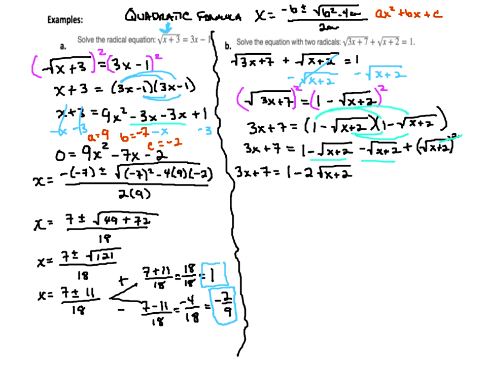And then when I square the square root on the end here, I'm just left with x, so positive x and a positive 2. Oof. Now I'm back in the position that I was in at the beginning with having a root in my equation.